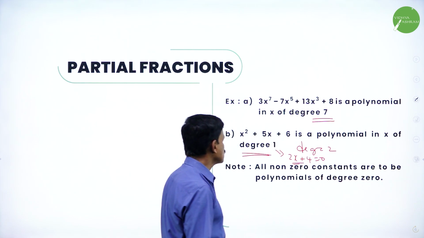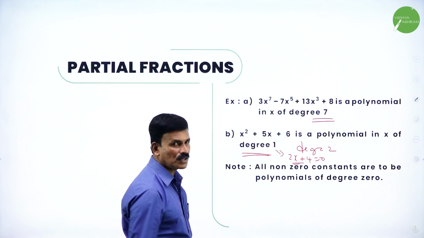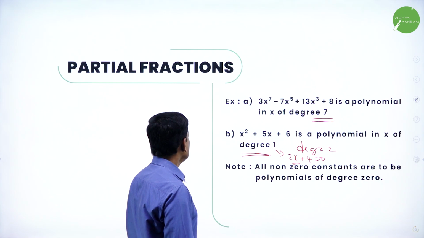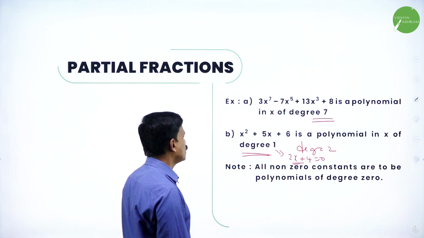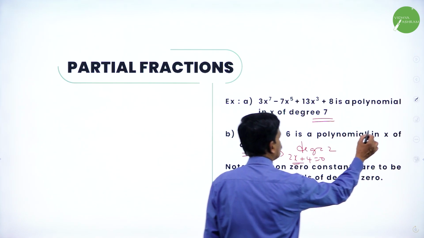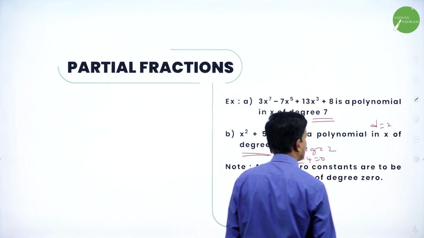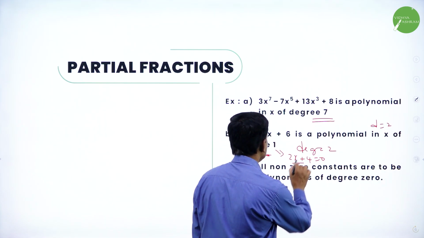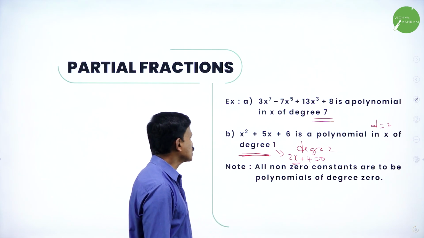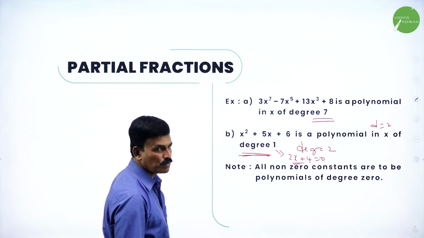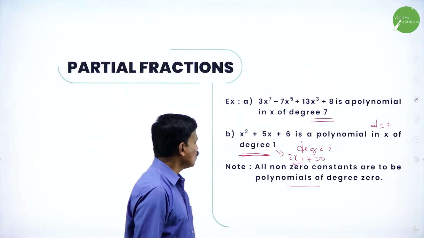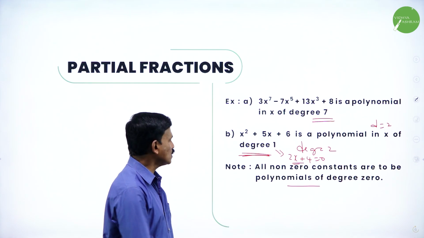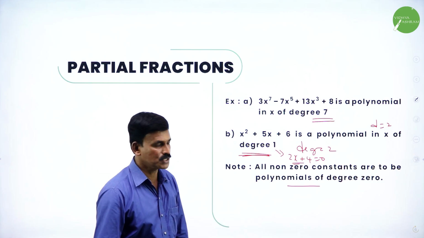The degree of x is 1. So x² + 5x + 6 is a polynomial of degree 2, second order, whereas 2x + 4 = 0 is a polynomial equation of degree 1. All non-zero constants are polynomials of degree 0.